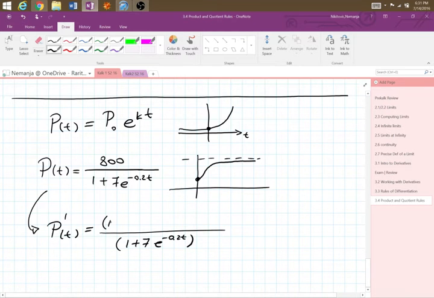You copy it in the numerator times the derivative of the top, which is 0, minus copy 800 times the derivative of the one in denominator. So derivative 1 is 0, so we just ignore that. But then you have 7 times negative 0.2, so it's negative 1.4 e to the negative 0.2t.